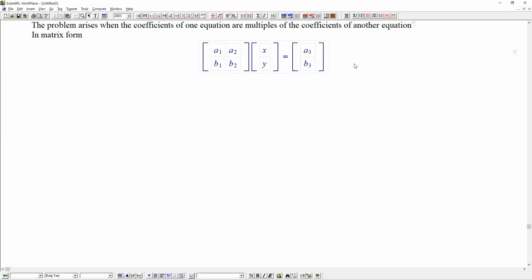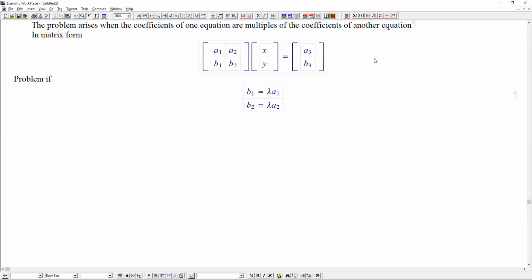So how can I say that? It would be a problem if, for instance, B1 was A1 multiplied by some number and B2 was A2 multiplied by the same number. So, problem if B1 equals lambda A1 and B2 equals lambda A2. Right?